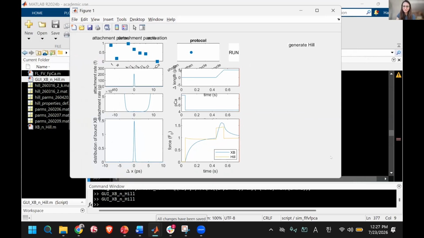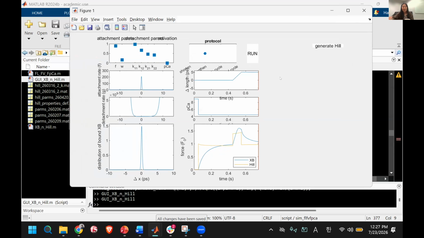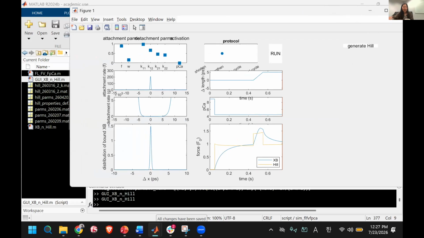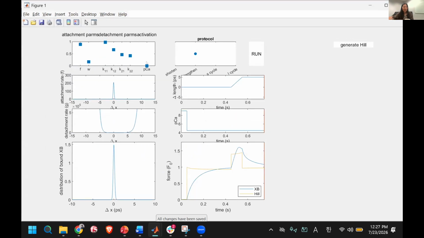All right, this is the GUI to play with our cross-bridge model. Let me tell you some features. So here are the parameters that are specifying the attachment and detachment rates. And I will go into more details shortly. But yeah, that's the control panel to change the attachment and detachment rates. And here is the muscle length over time on the x-axis.